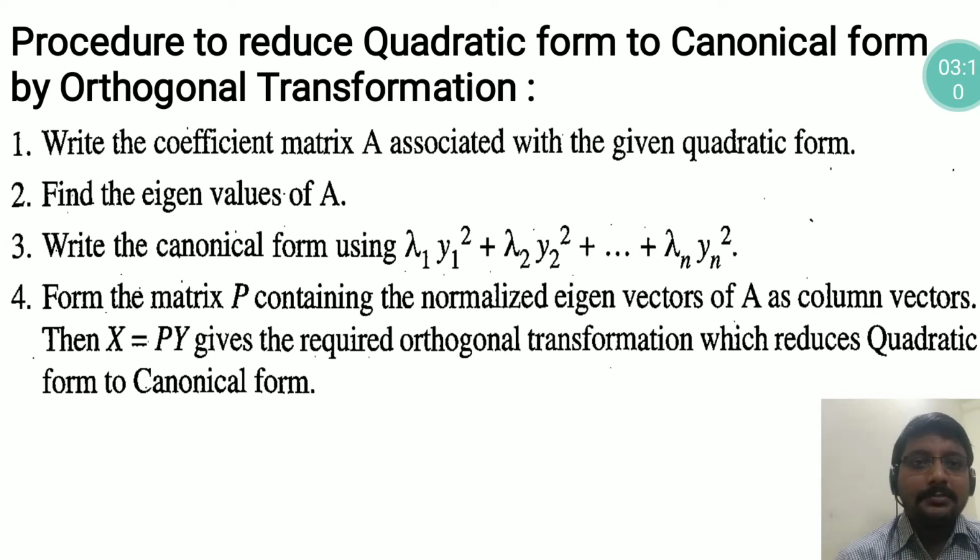In the fourth step, form the matrix P containing the normalized eigenvectors of capital A as column vectors.